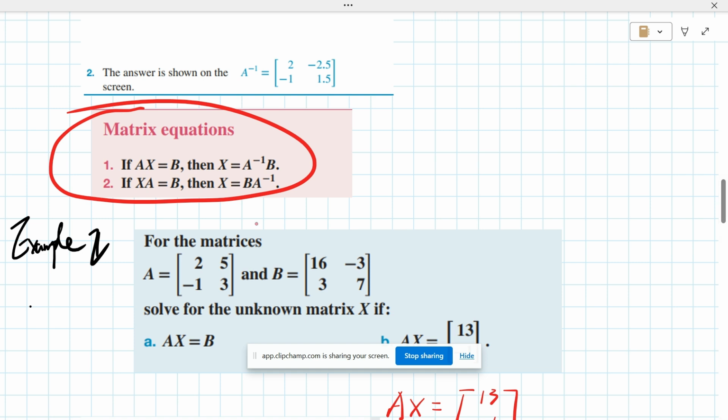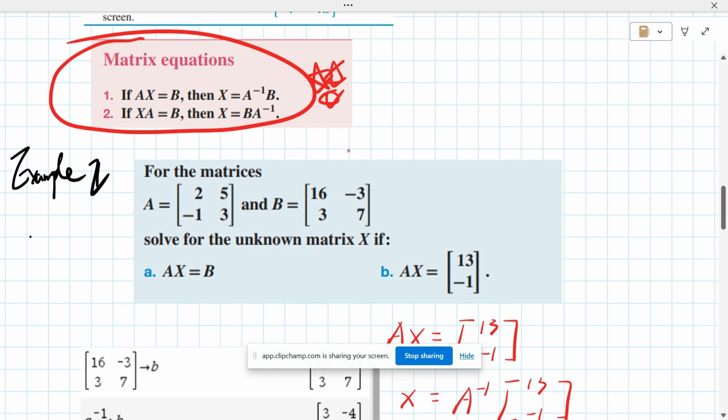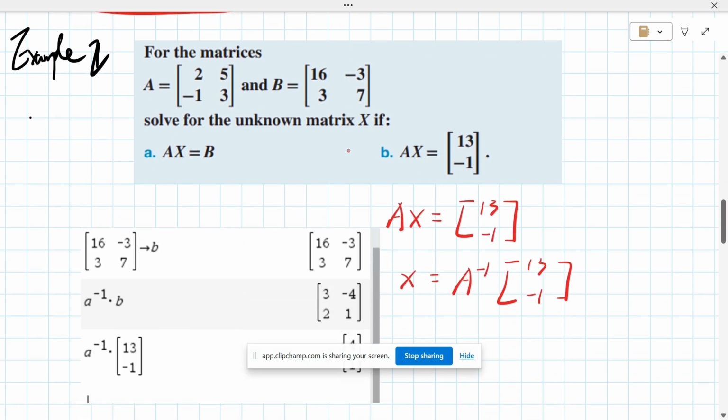Now, matrix equations. I really want you guys to make sure you put this one in your bound reference, because we're going to try to find X, Y. You have A to the power -1 times B, and B times A to the -1. So just make sure you can find your unknown matrices. If I have that, I can substitute into the questions and find out.